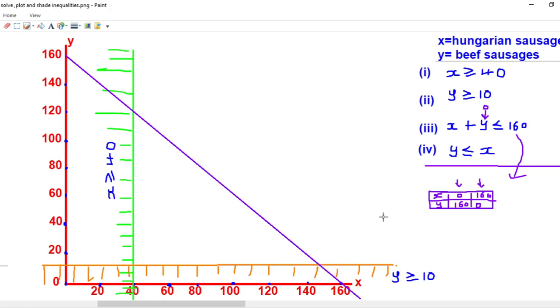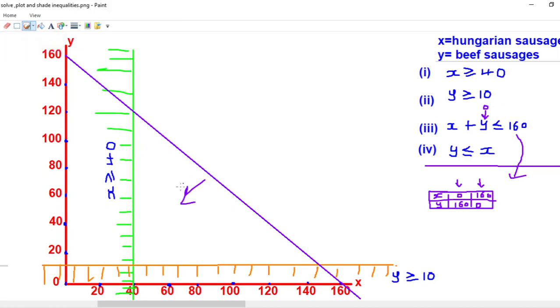Now remember, we are shading the unwanted region. Looking at the way the inequality is, it is telling us that both the number of Hungarian sausages and beef sausages should be less than or equal to 160. In reality, this inequality means we need to shade the down part, but we are shading the unwanted region.